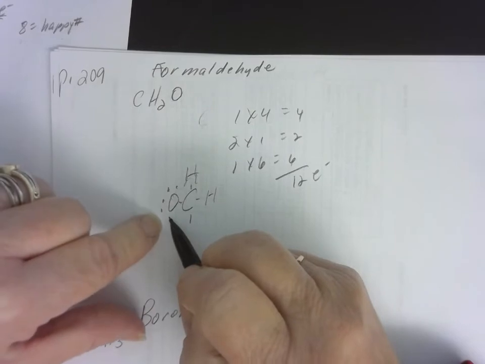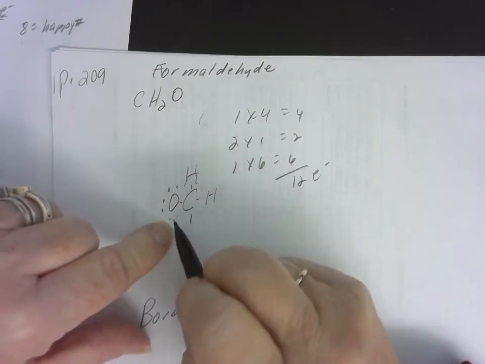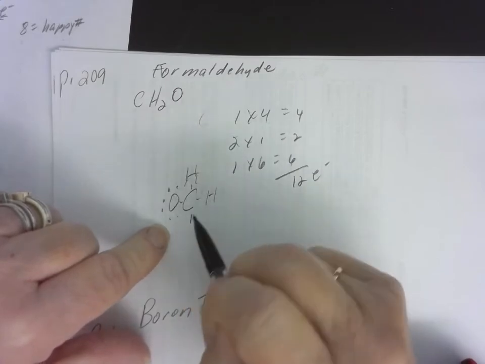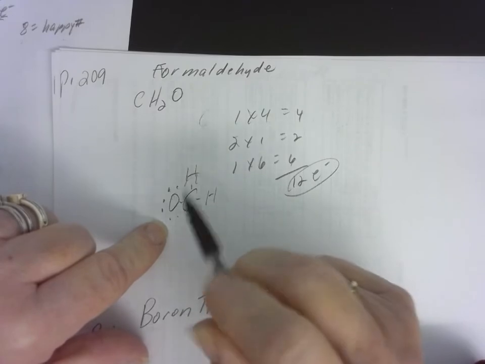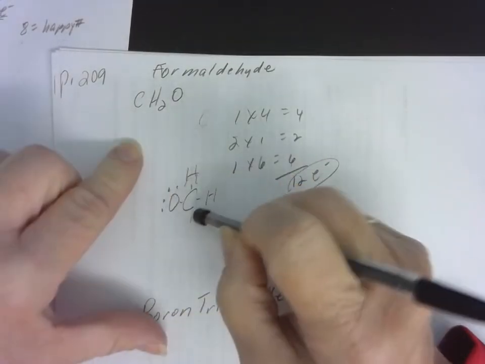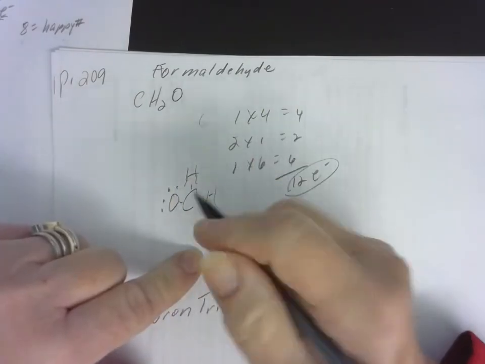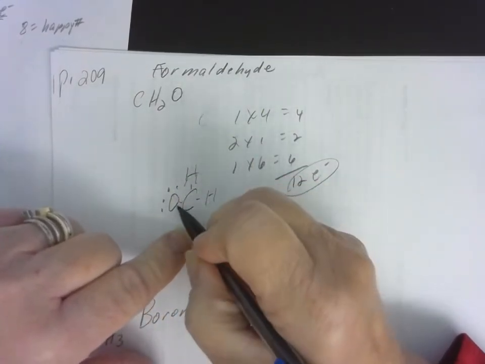And here, in order to satisfy oxygen, we'd have to put another one there, but we don't have enough electrons. We only have 12. So when we don't have enough electrons, what do we do? We double bond. So we've got to satisfy the oxygen, we've got to satisfy the hydrogens, the carbon. The hydrogens are already satisfied with 2. So we're going to put a double bond there.